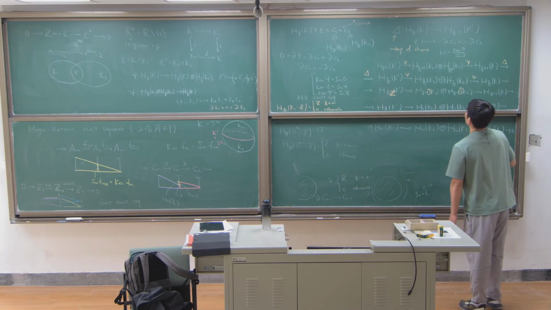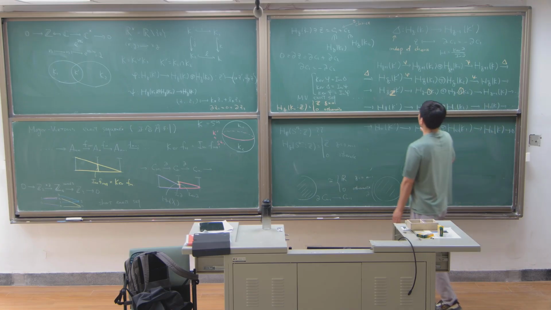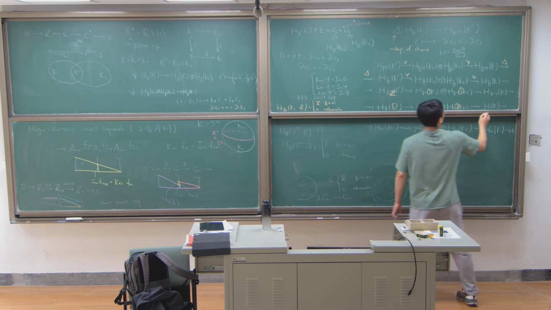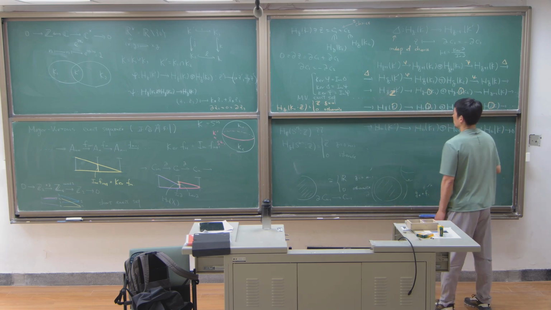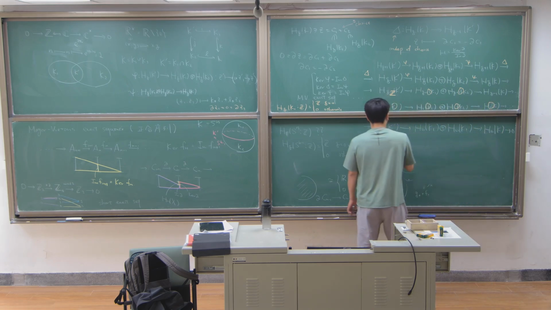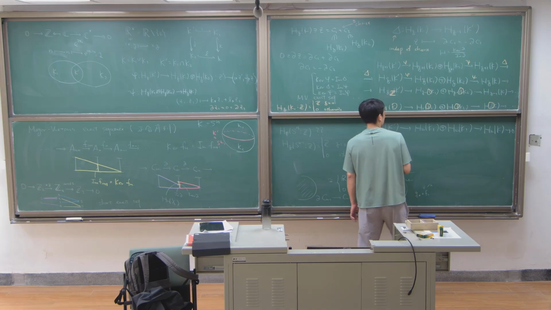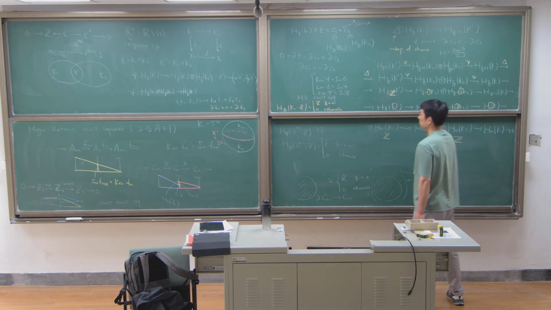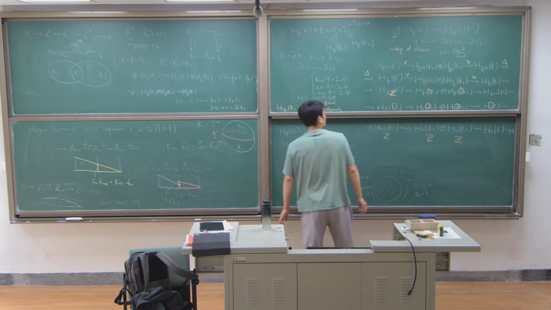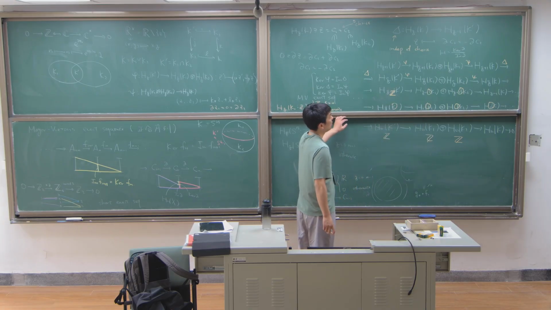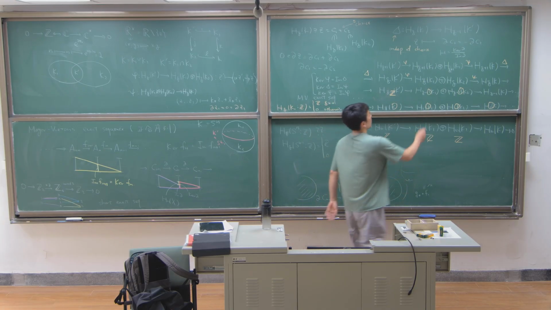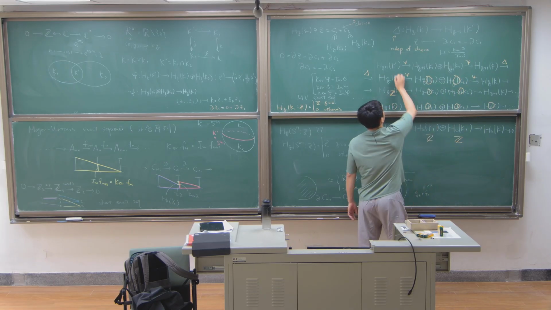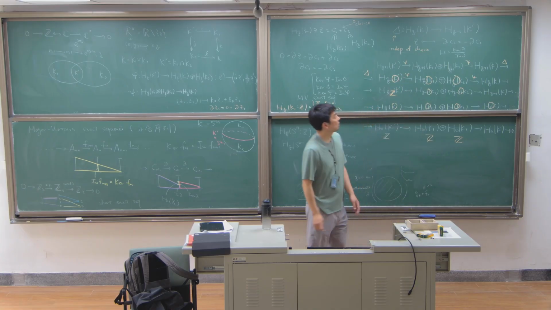And apart from that, everything is 0. And this is Z. We already know this is Z, and this is Z, and this is Z. We already know this is 0 and 0, and this is 0.